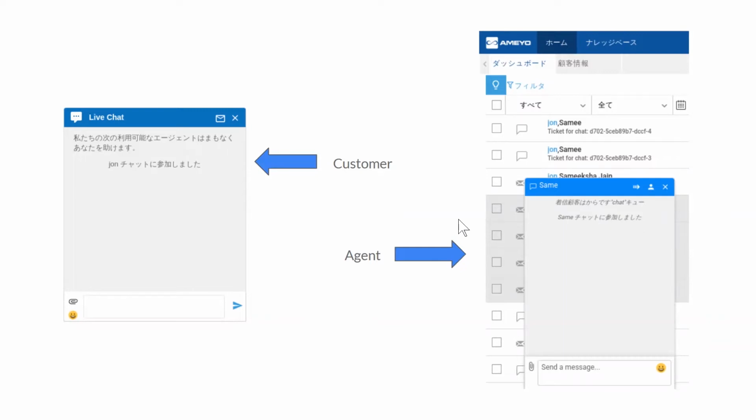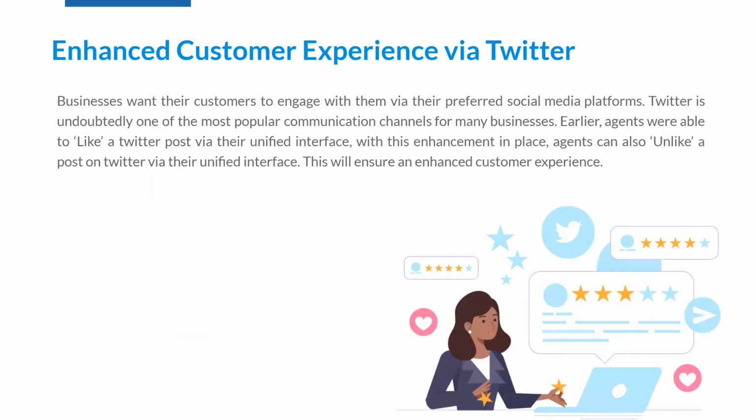So this would again enhance both the customer and the agent journey, because the reason why they're using a Japanese interface is because they are more comfortable in Japanese, right? Of course. So when these messages also appear to them in Japanese, they would be much more comfortable with the entire experience. Now, the next feature is called Enhanced Customer Experience via Twitter.